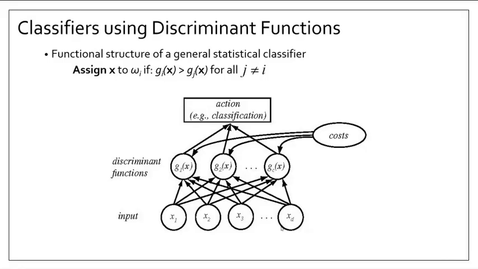This is called classifiers using discriminant functions. What is the meaning of discrimination? Discrimination means differentiating between classes, say class 1 is differentiated with respect to class 2. The decision boundary which separates two classes is called a discriminant line or discriminant function.